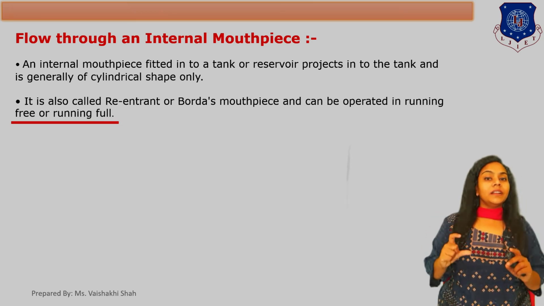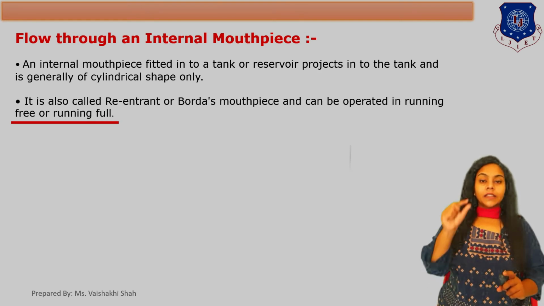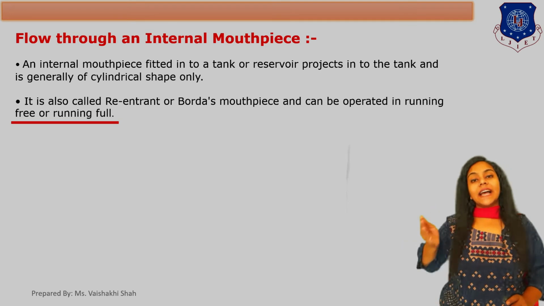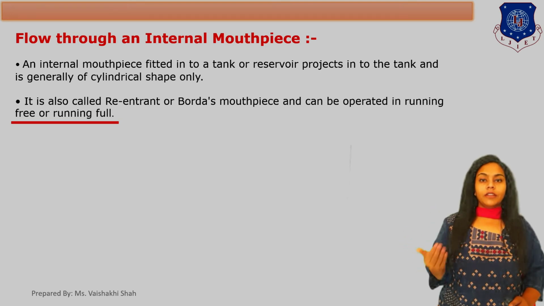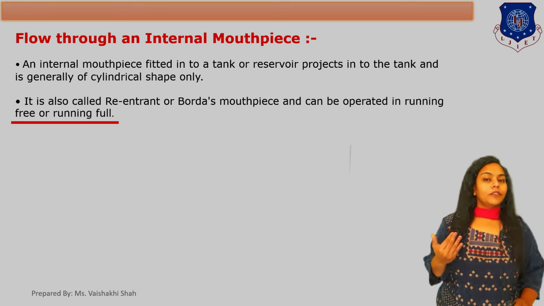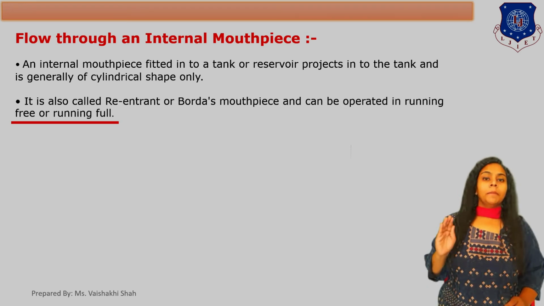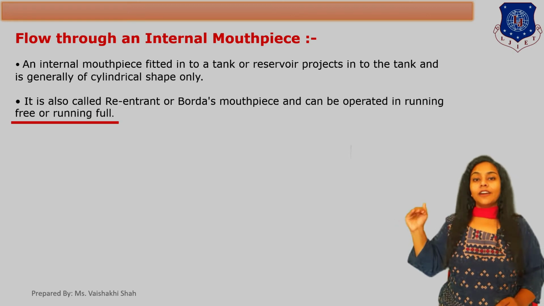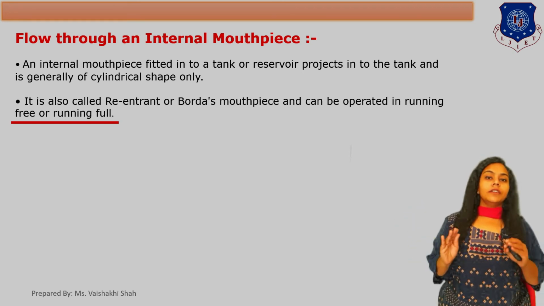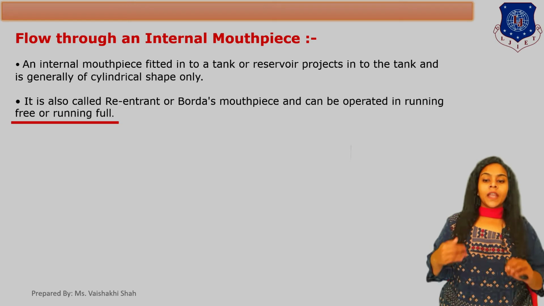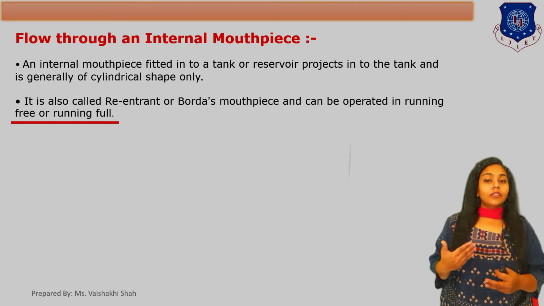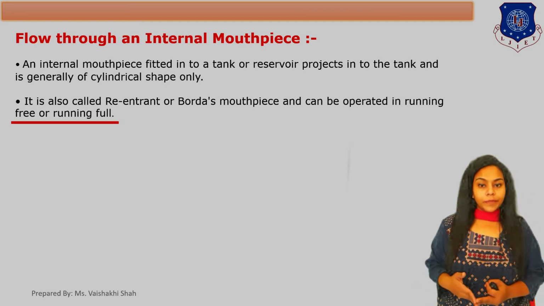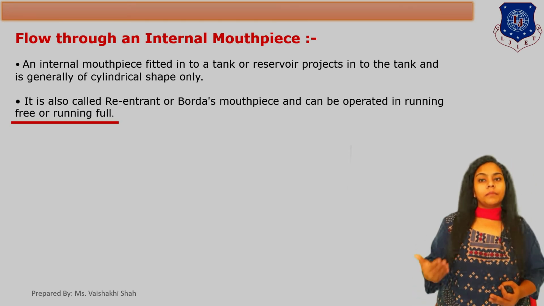Internal mouthpiece means the mouthpiece which is connected from inside the water tank. We already discussed this in types of mouthpiece. Internal mouthpiece is also called Borda's mouthpiece or re-entrant mouthpiece.